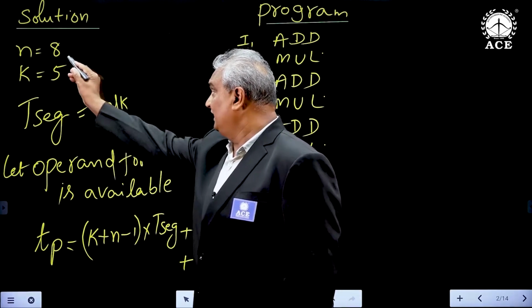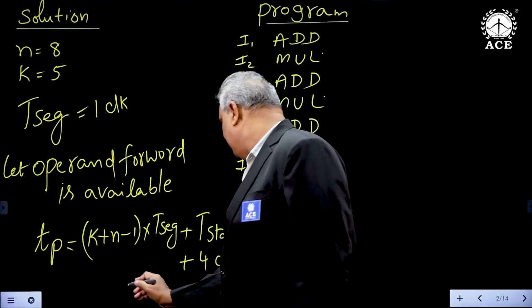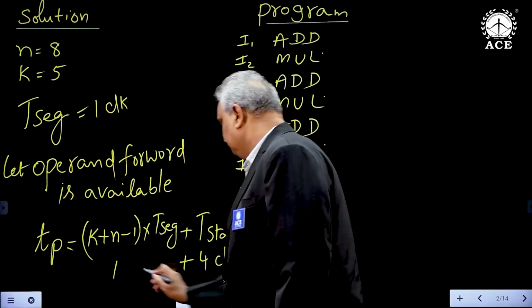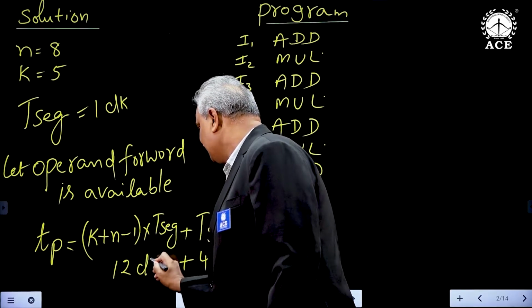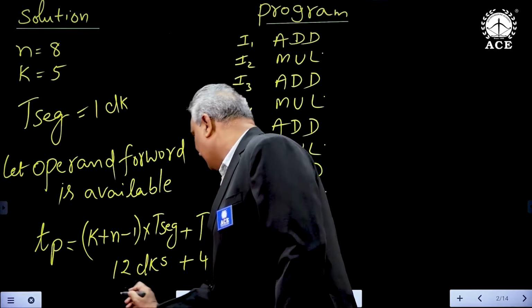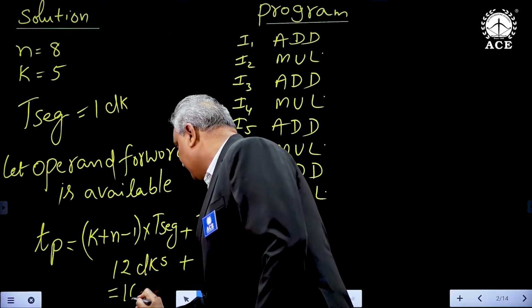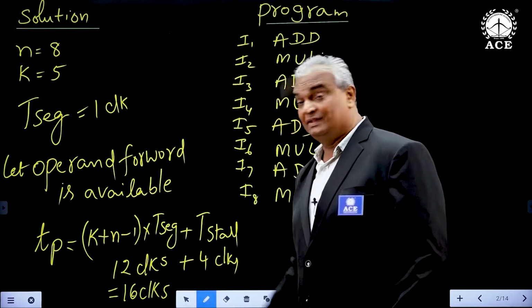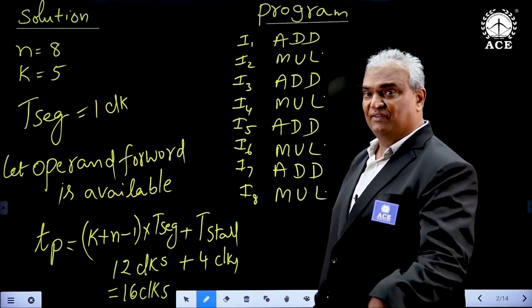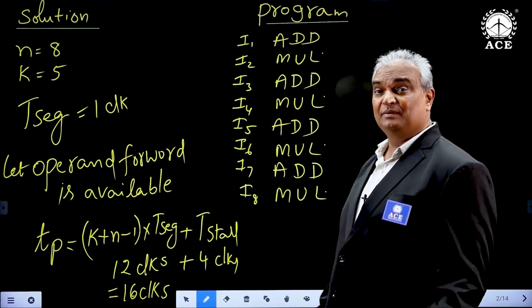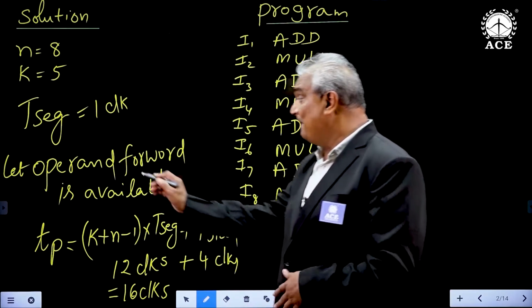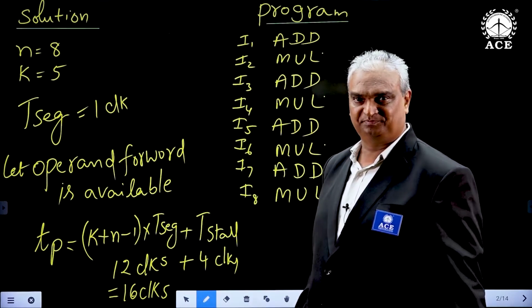Already we know 8 plus 5 minus 1 means 12 clocks. In total, 16 clocks. 16 clocks are required to complete the operation on a pipeline processor with the operand forwarding technique.